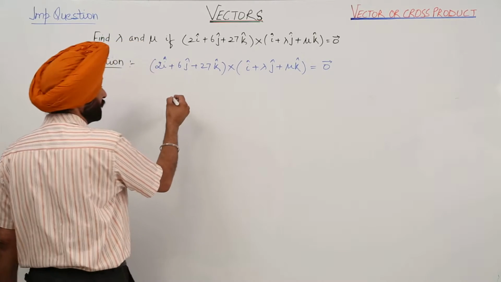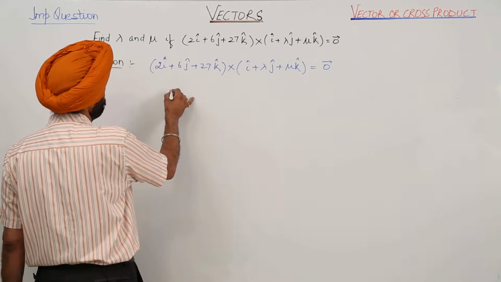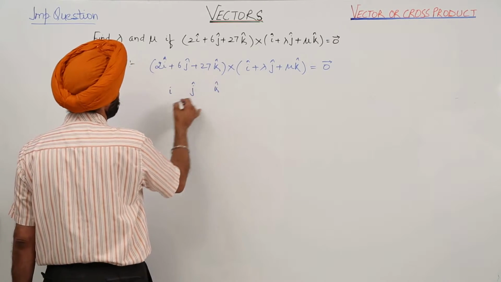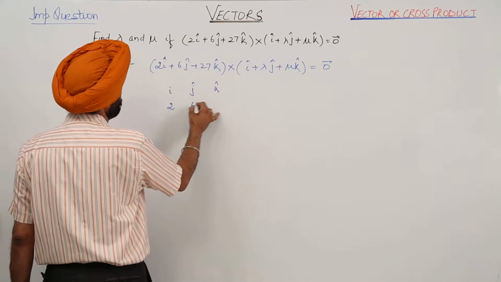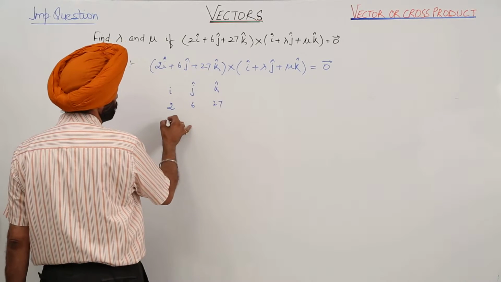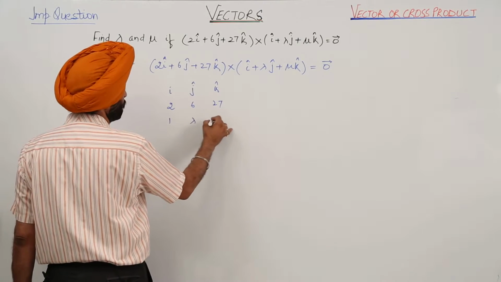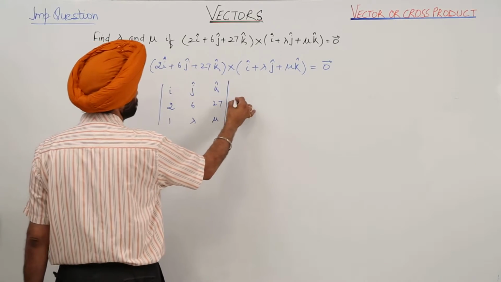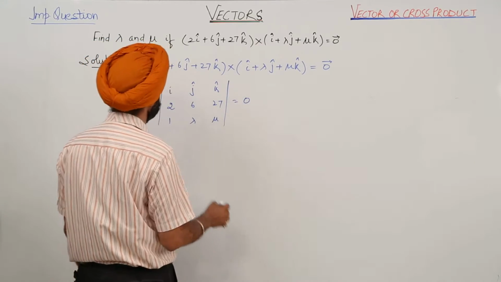Now writing it in the determinant form: i cap, j cap, k cap; 2, 6, 27; 1, lambda and mu. This is equal to 0.